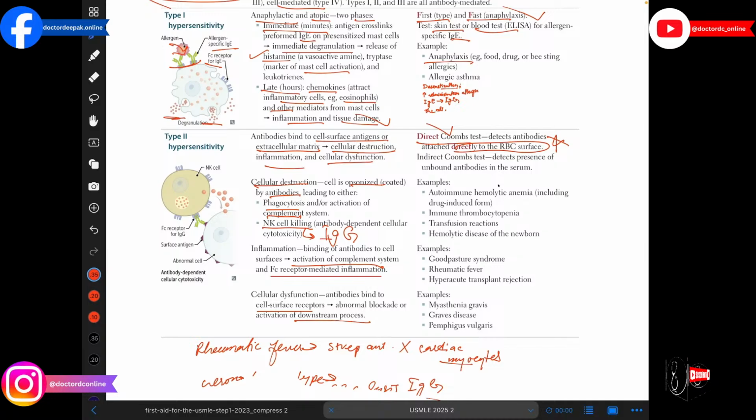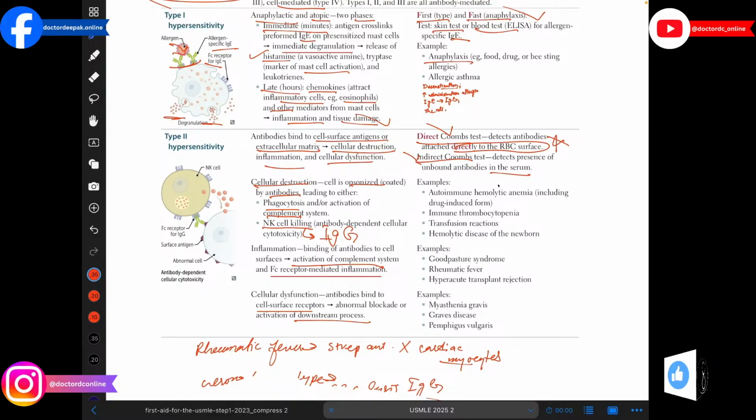So in the direct Coombs test, we can detect whether there is an antibody against the RBC surface or not. The indirect Coombs test detects the presence of unbound antibodies in the serum. If the antibodies are attached to the RBC surface, it is the direct Coombs test; if they are unbound antibodies in the serum, it is the indirect Coombs test.